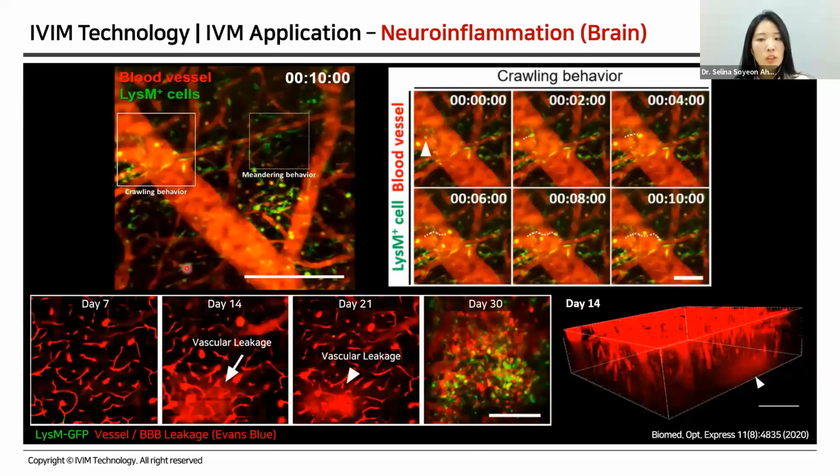Then we longitudinally observed the BBB integrity through 30 days of neuroinflammation status. Vascular leakage in the cerebral cortex was observed in the 3rd week, followed by severe inflammatory responses with massive leukocyte infiltration at day 30, which reflects acute BBB impairment.